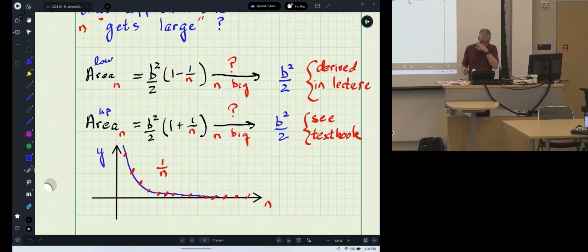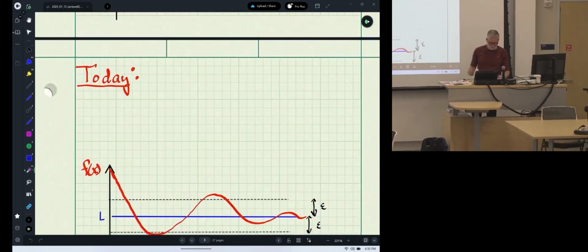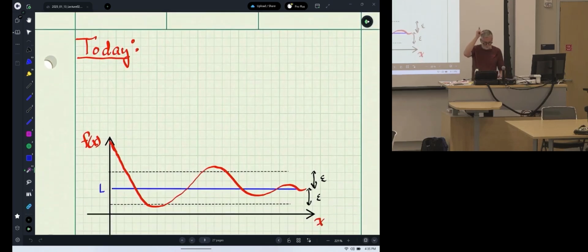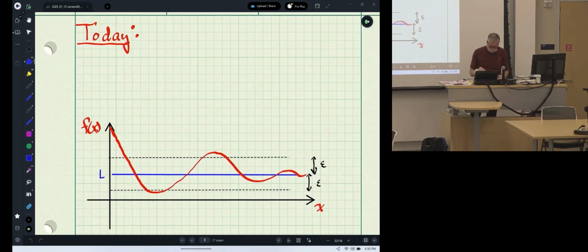Okay, so in this case, it's super easy to analyze what happens for large n. We have just really simple formulas. What we want to do, though, is use this as motivation for studying limits at infinity. So I'm going to ask you to draw this graph in your notes. I'll give you time to do that.